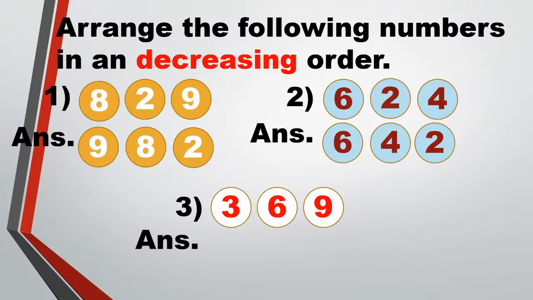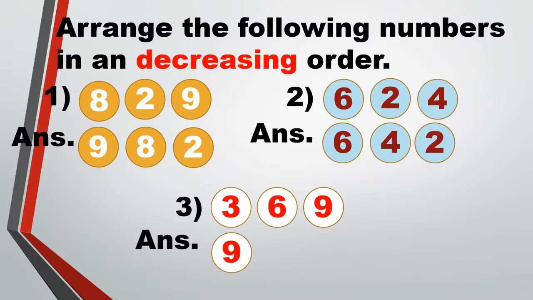We have to arrange in decreasing order. Greatest number to the smallest number. We have numbers 3, 6, 9. Which is the greatest number in this line? Right, 9. 9 is the greatest number in this line.